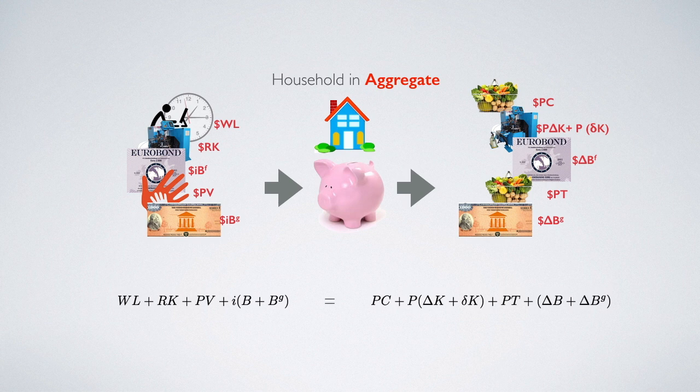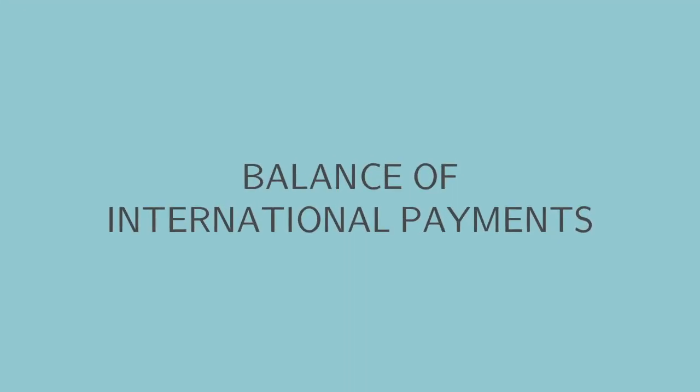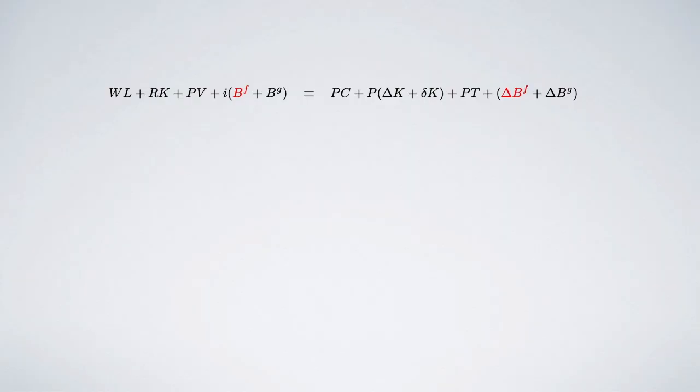So if we sum the household budget constraints together, the income side will be changed into what we saw there. I highlighted the change in red color. And on the right-hand side, delta B will be replaced with delta BF. Now we are ready to learn the balance of international payments.